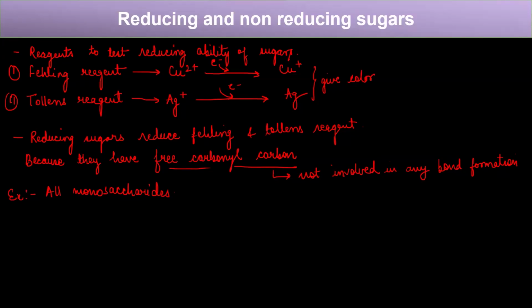Apart from monosaccharides, we will see that disaccharides are also reducing, but we have certain exceptions. So all monosaccharides are reducing. Apart from this, we have disaccharides such as lactose and maltose, which are also reducing in nature. Now, one important point.